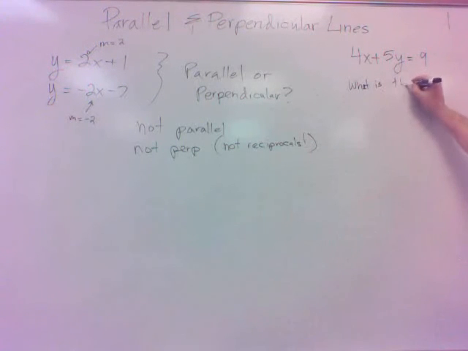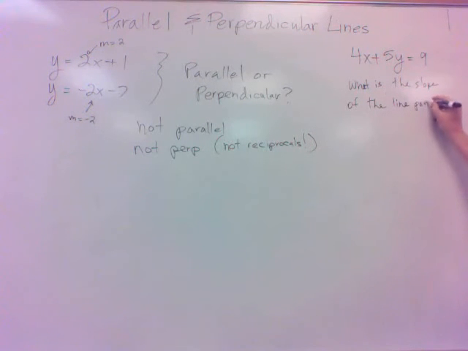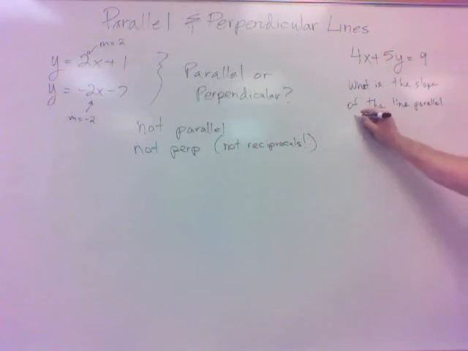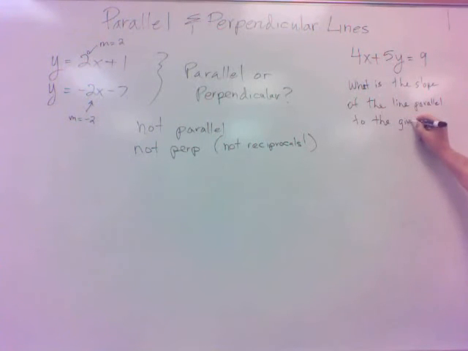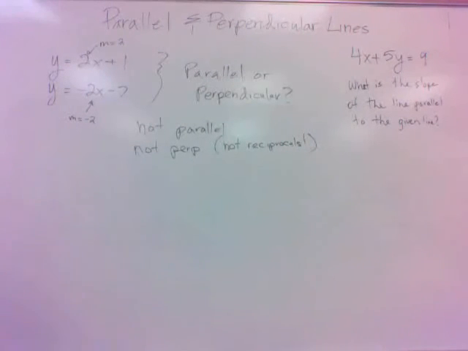What is the slope of the line parallel to the given line? 4x plus 5y equals 9 is our given line. What would be the slope of the line parallel to that particular line there?